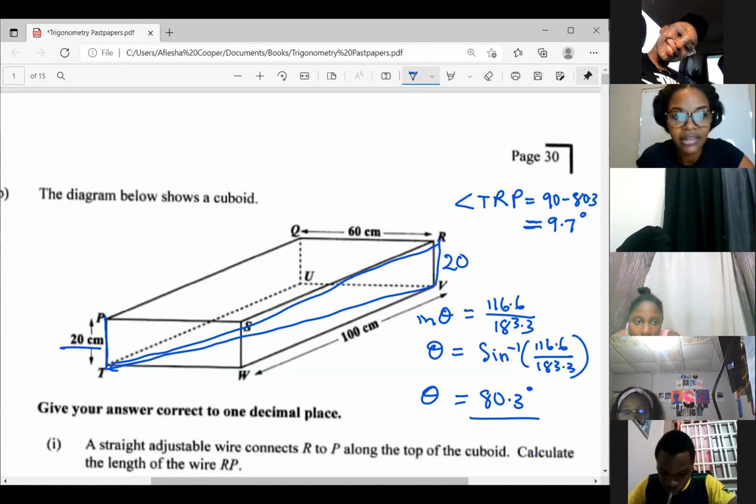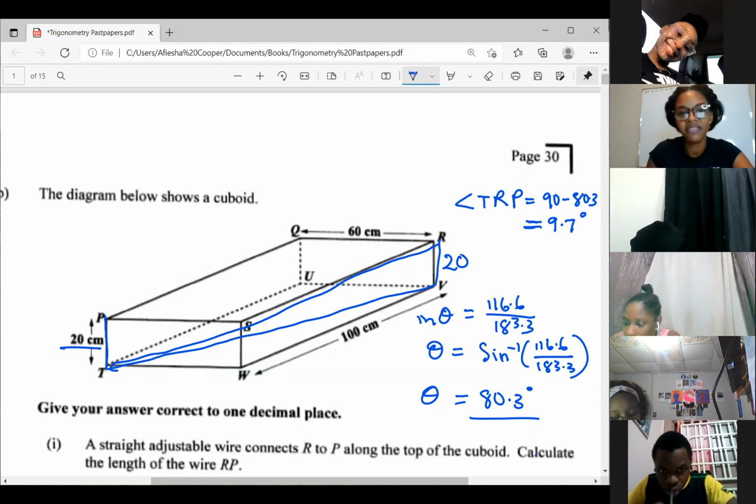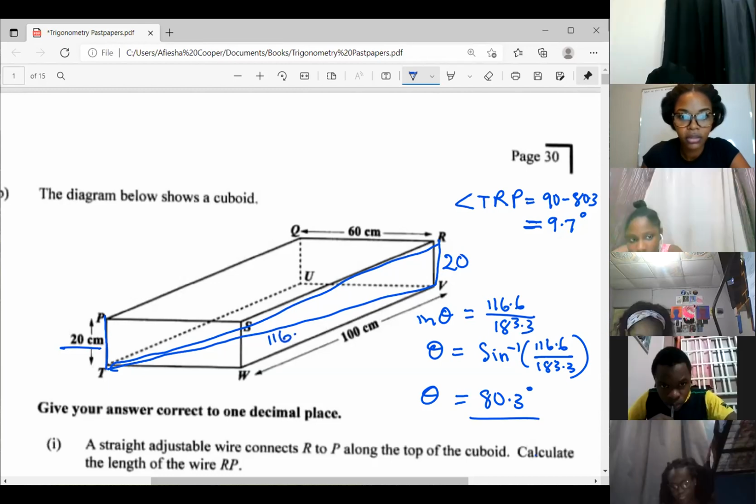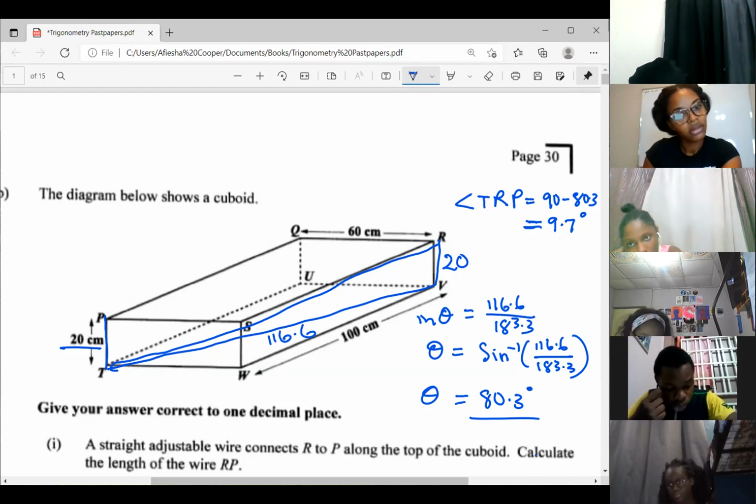So what's the length of this base here, this TV line? 116.6. So we could use that same. All right. So what will give us 116.6 for the other triangle, for the PT triangle?